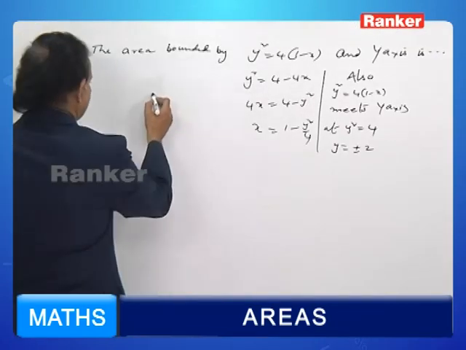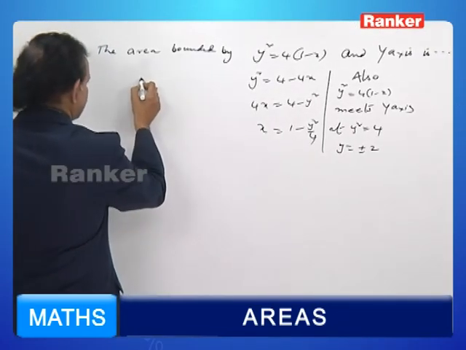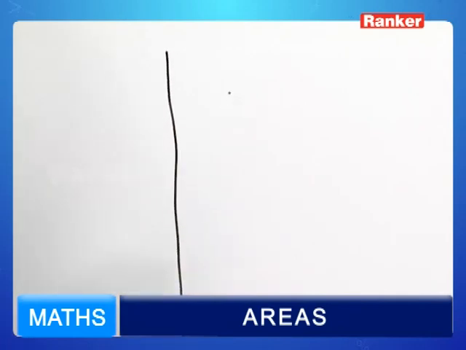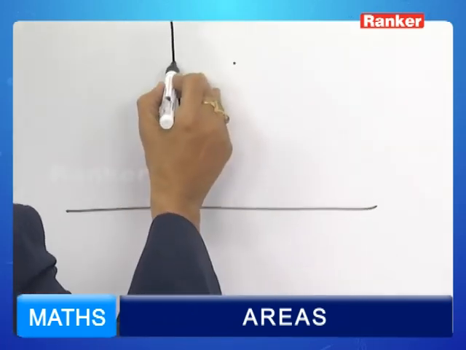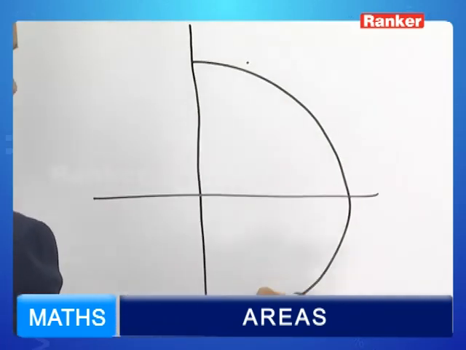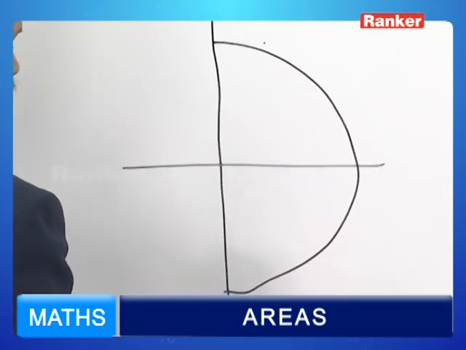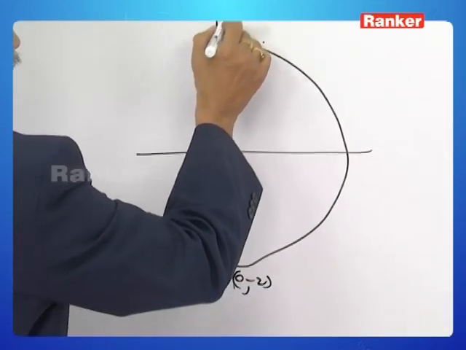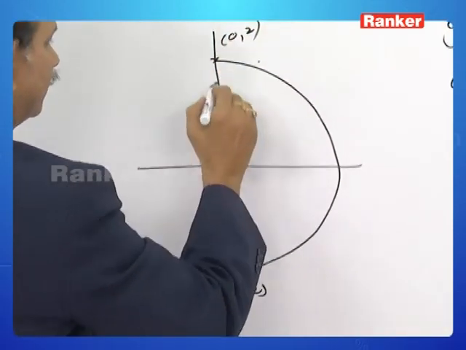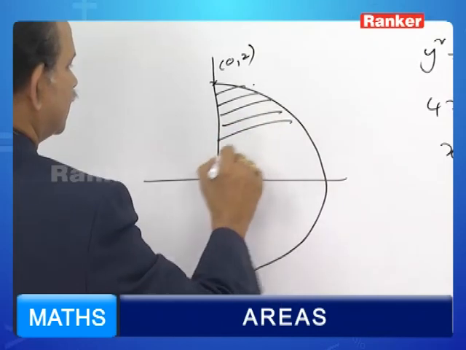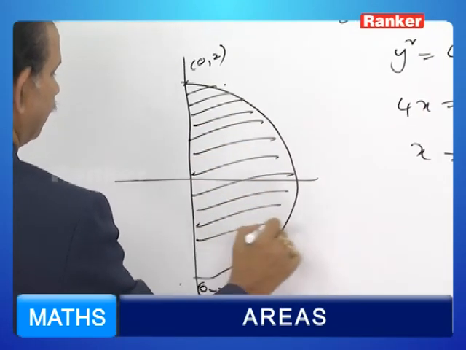Therefore, the required diagram is 0 comma minus 2, 0 comma plus 2. This is the area required.